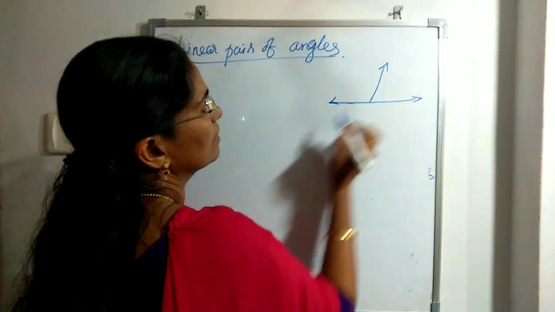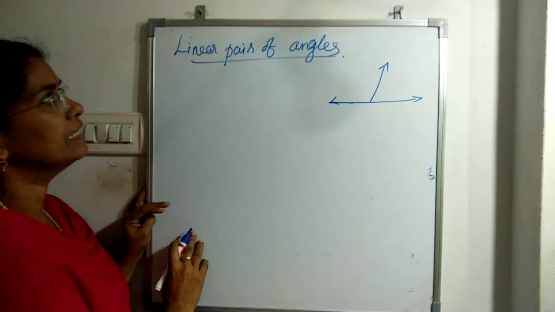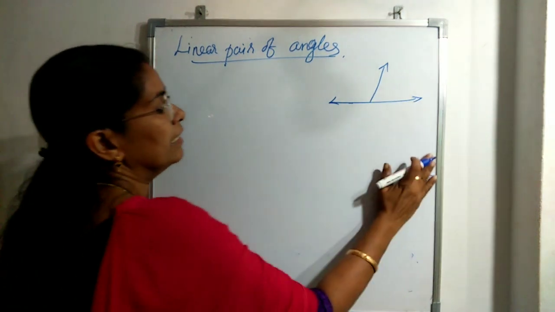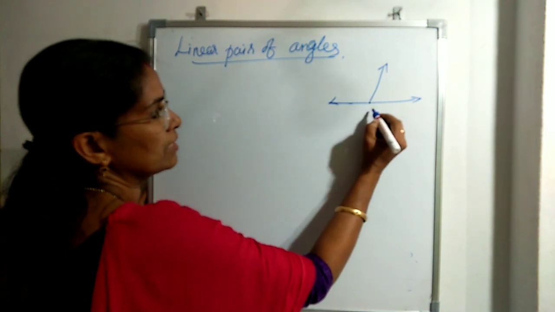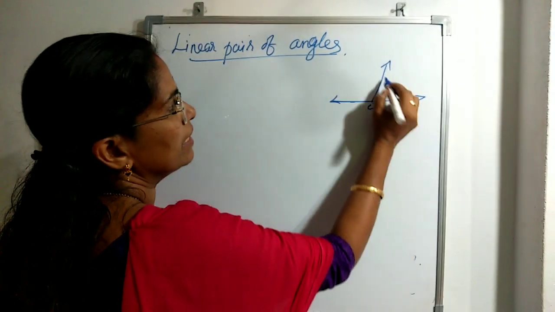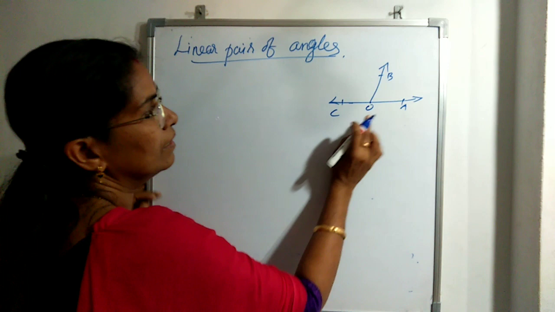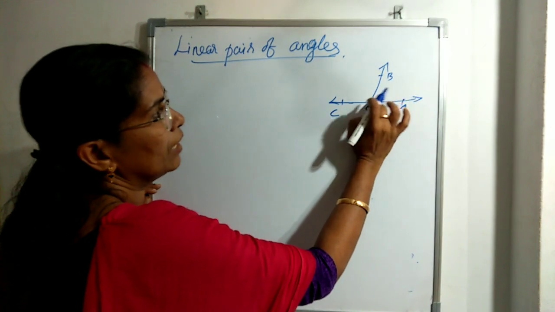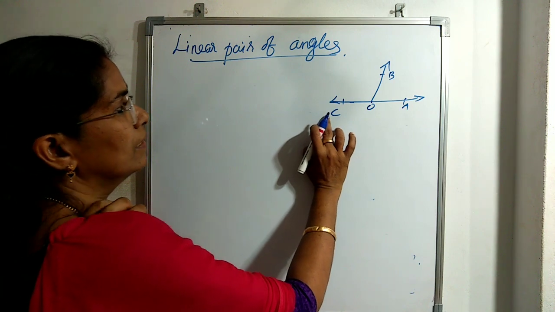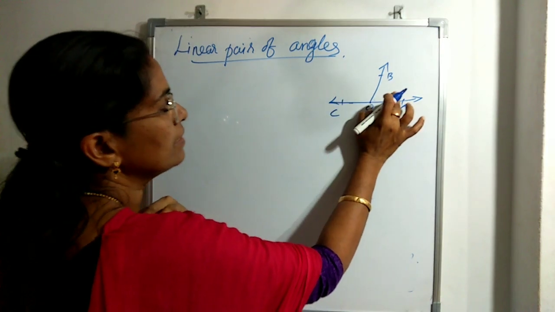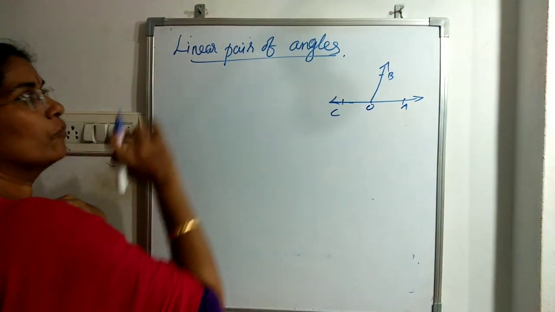Can you define what a linear pair of angles is? These two angles are adjacent angles. There is a common vertex, we can name it O. Here it is A, B and C. Here AOB and BOC are two adjacent angles. These two adjacent angles we can say are a linear pair of angles.